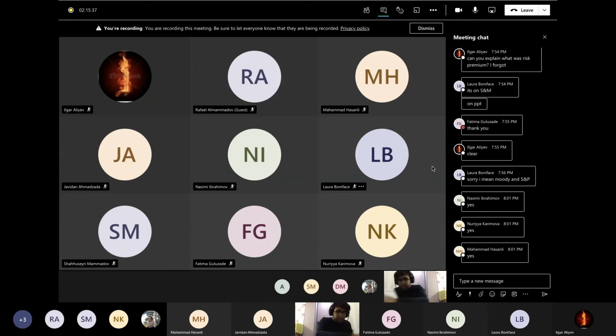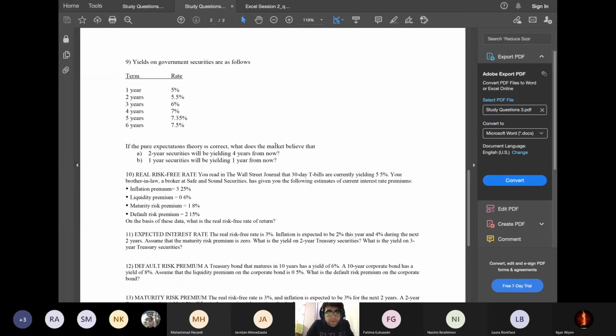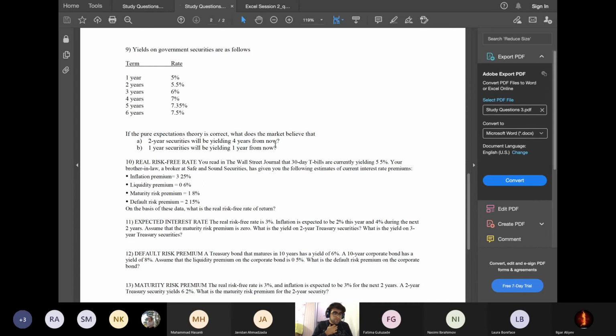For the next one, 1 year securities will be yielding 1 year from now.